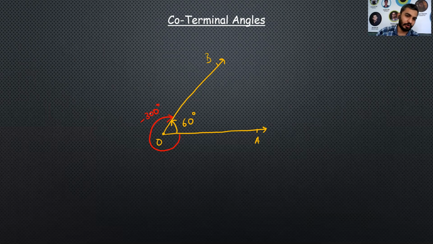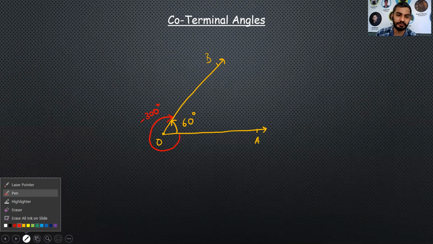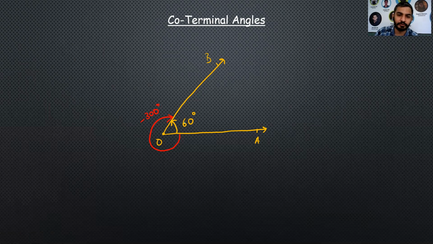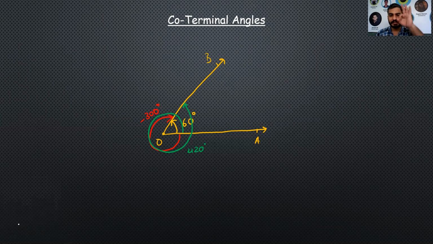If I say to draw an angle of 420 degrees, I will use a different color, green. One complete rotation is 360 degrees, and plus 60 will give you 420 degrees. As you can see in the diagram, I have drawn three angles: 60 degrees, 420 degrees, and minus 300 degrees.